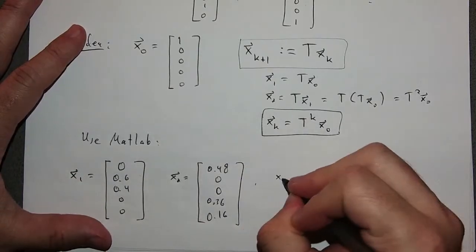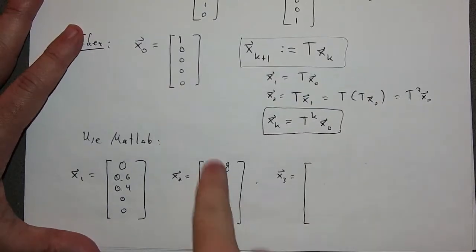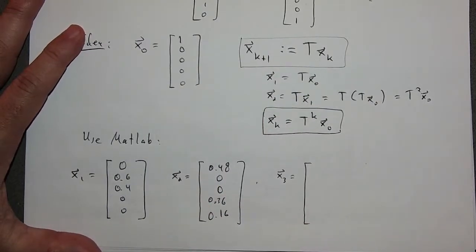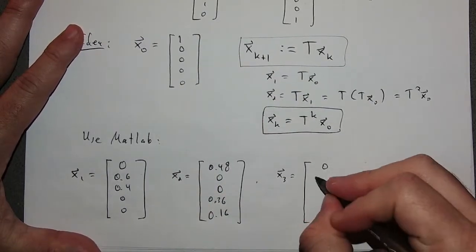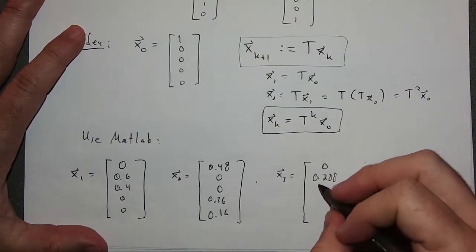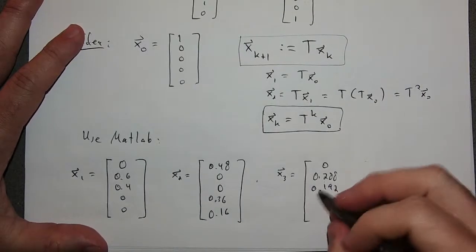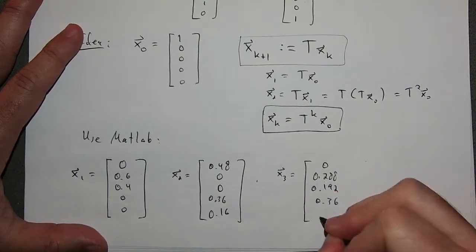What is x3? So x of 3 is obtained by hitting this vector with T. So x of 3 is 0, 0.288, 0.192, 0.36, 0.16.